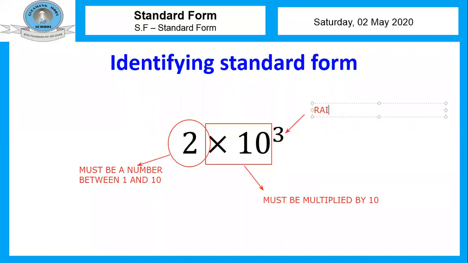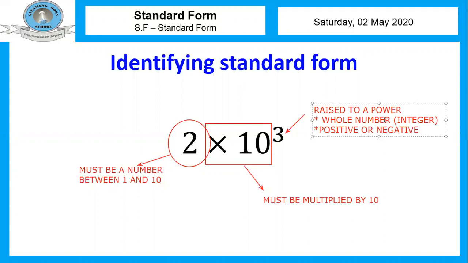So the 10 must be raised to a power. Now, one thing you must note about this power is that the power must be a whole number, or what we call an integer. It can be positive or it can be negative.